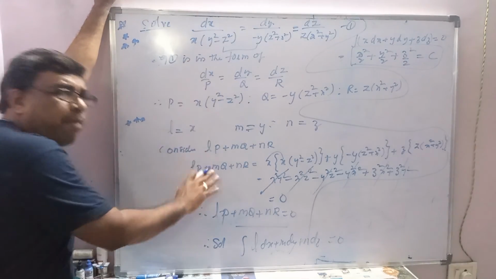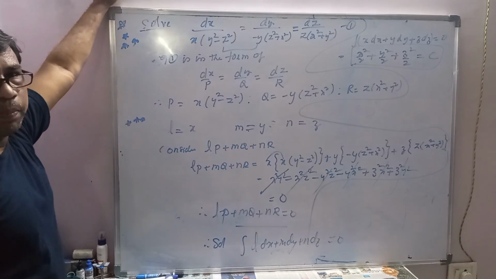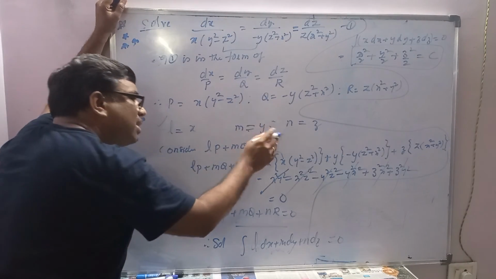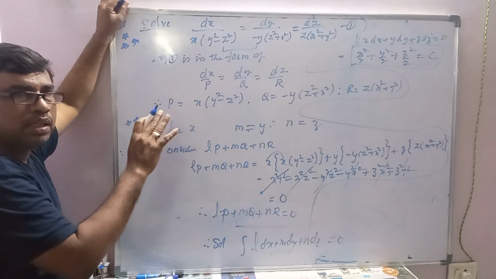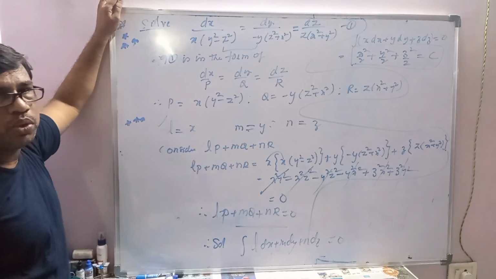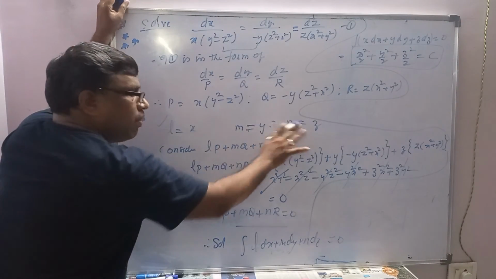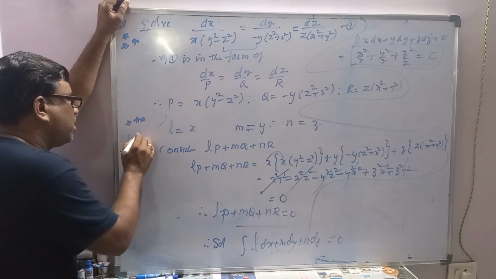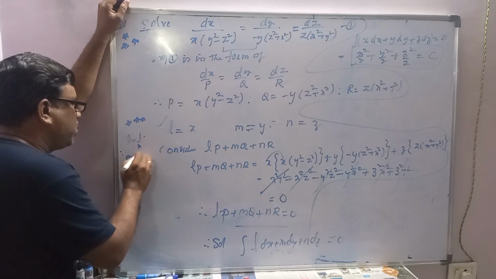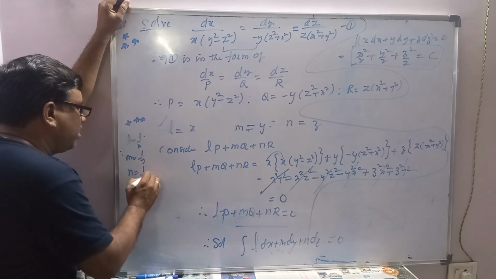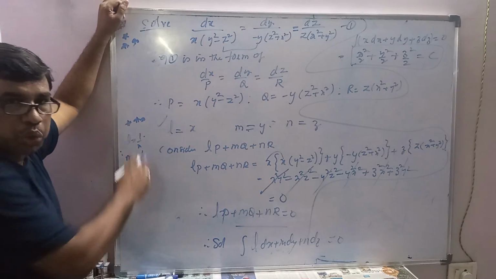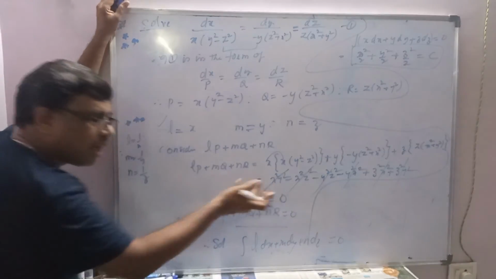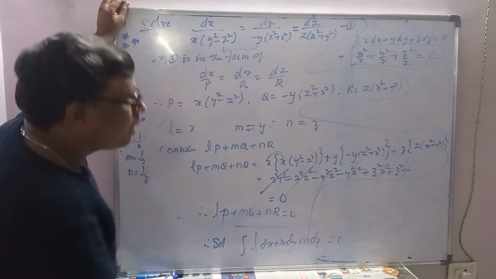Again you have to repeat the same process once more. We choose L, M, N such that LP + MQ + NR = 0. This was one set of solutions. Now choose L = 1/x, M = 1/y, N = 1/z. If you choose them like this, LP + MQ + NR = 0.